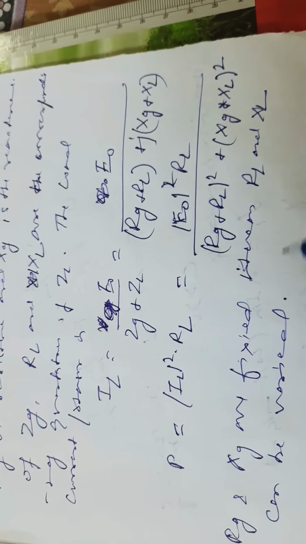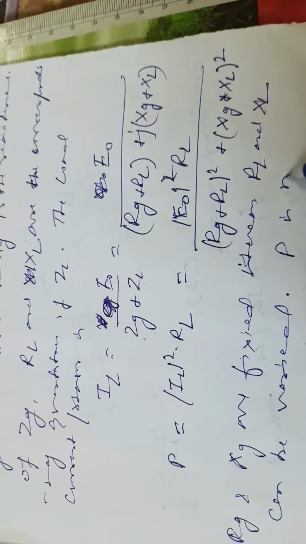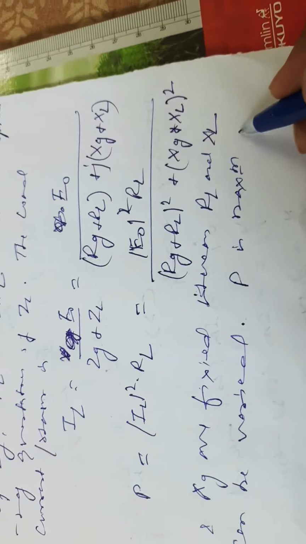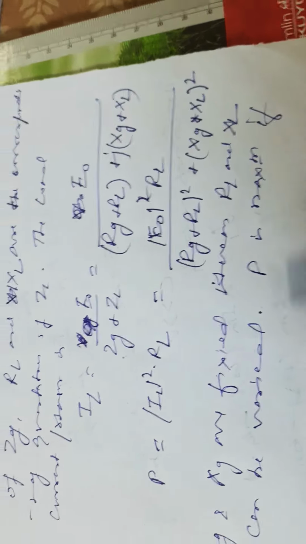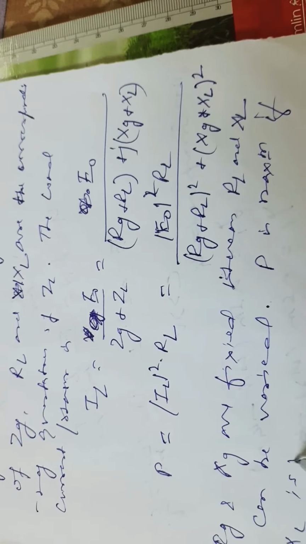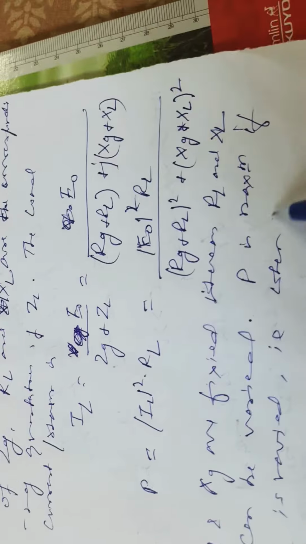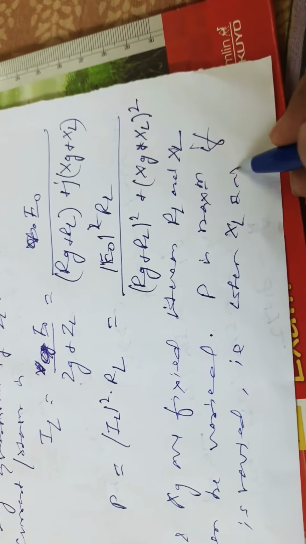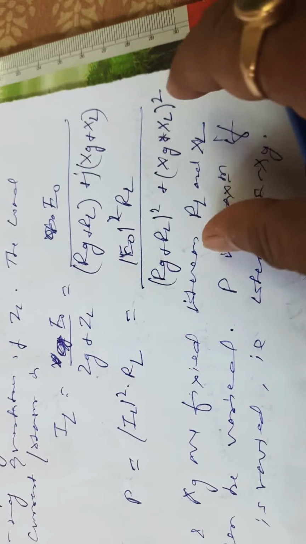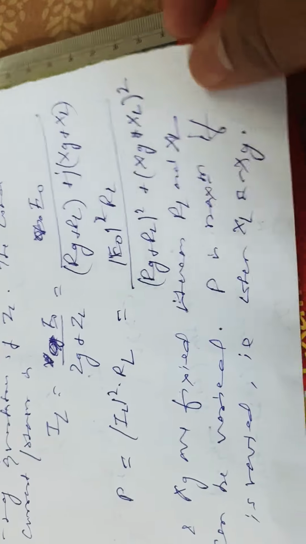So P, that is power, is maximum if XL is varied, that is when XL is equal to minus Xg. This is the condition of series resonance.